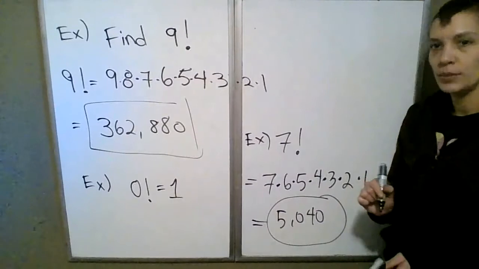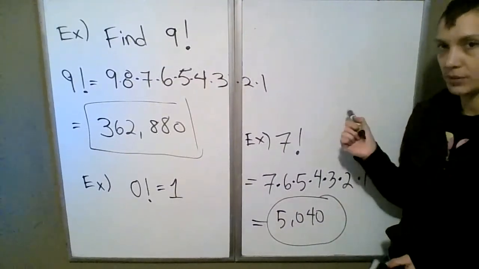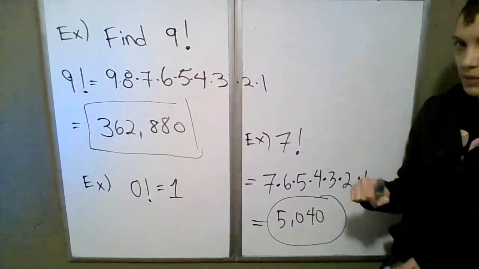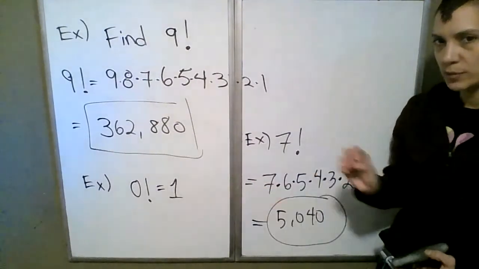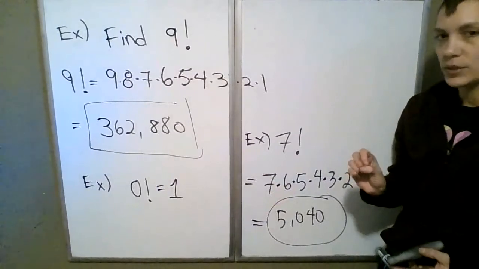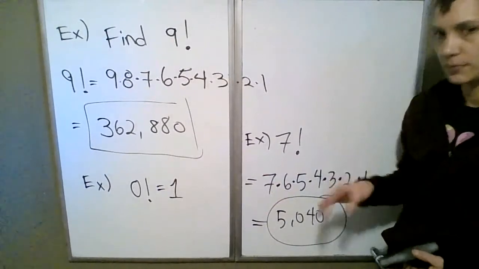Okay, so now we can put up the definition for permutation. And these are permutations without replacement. So we're selecting a group in order, and we don't replace those objects back into the group.